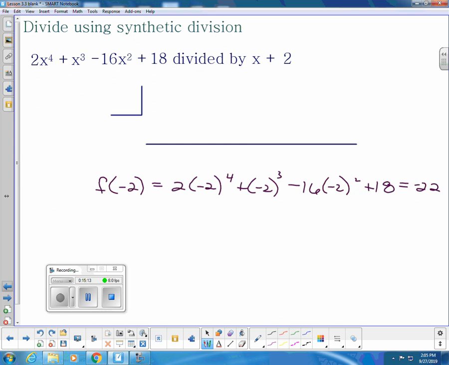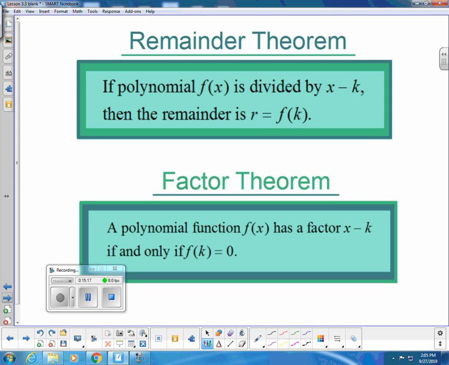And 2, why do you think we would care about the remainder? All right? So why is it important? Because of the factor theorem. How do you know that 4 is a factor of 20? 4 goes into 20 5 times with a remainder of 0.